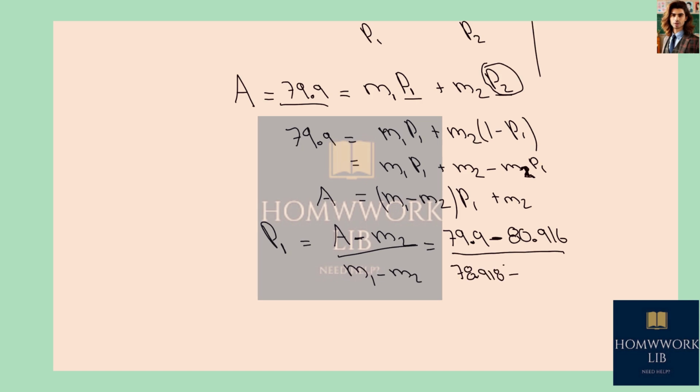So with this, we're going to find that P1 is going to be equal to 0.509, which corresponds to 50.9% abundance of bromine 79.